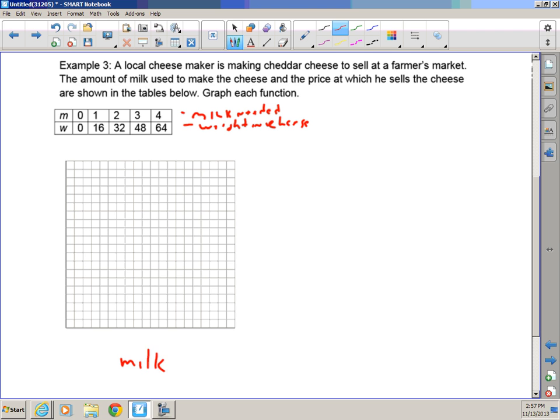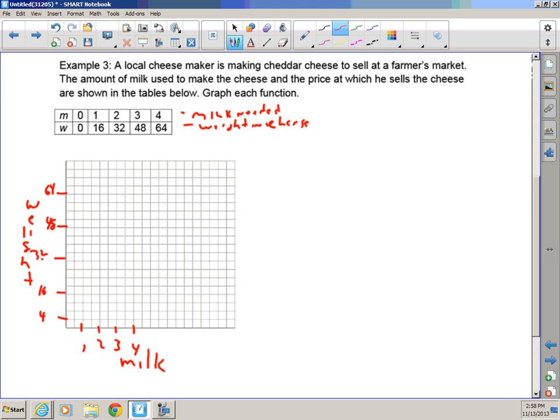So milk and weight, and I'm going to use a very simple 1, 2, 3, 4, and 4, 16, 32, 48 and 64.